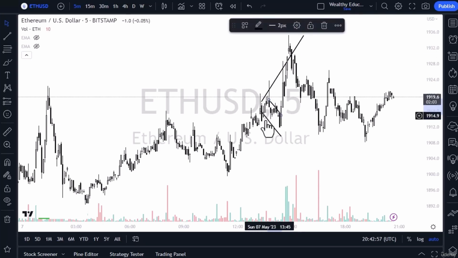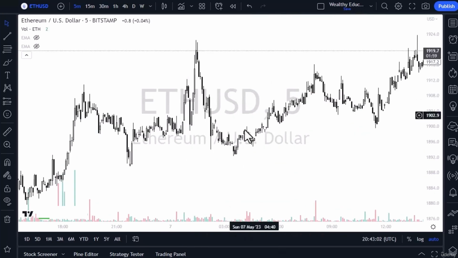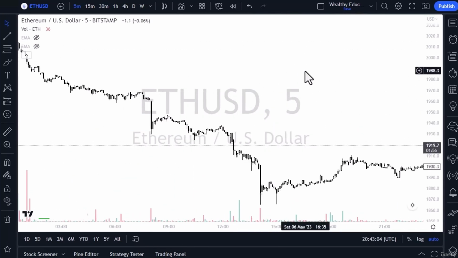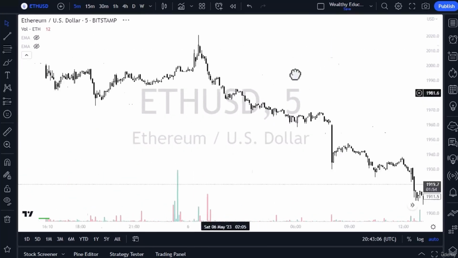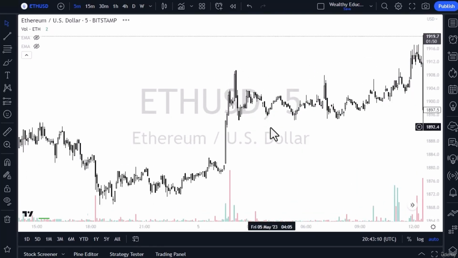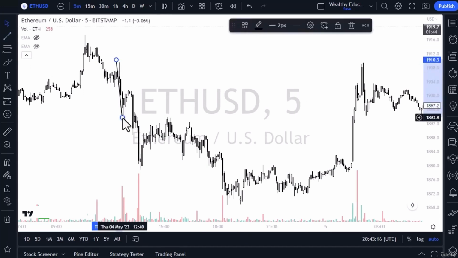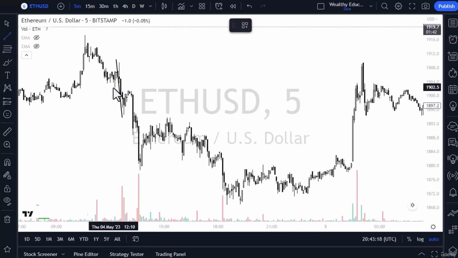I don't know. It really comes down to how you would draw your lines. It's a little bit messy, so let's just go ahead and ignore that one. I don't know that in the heat of the moment you would have looked at that and said, it's a screaming flag, right? That's another thing too. You do want it to be somewhat obvious so that other traders are trading it.